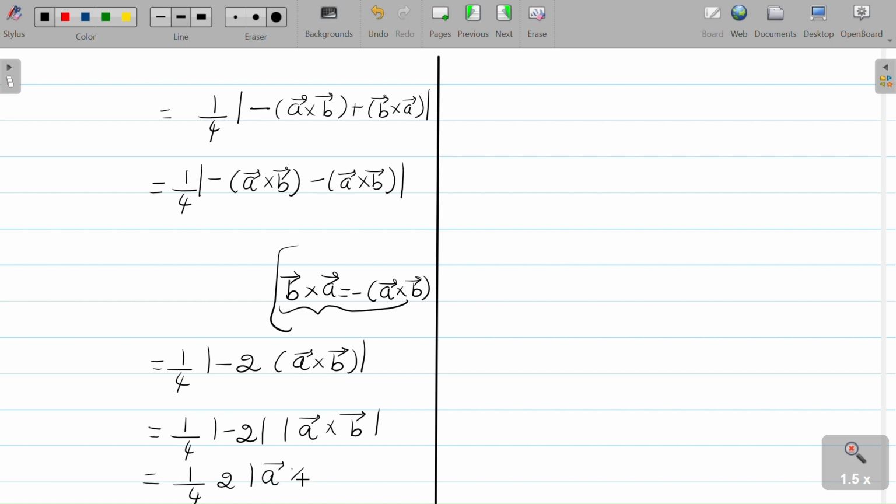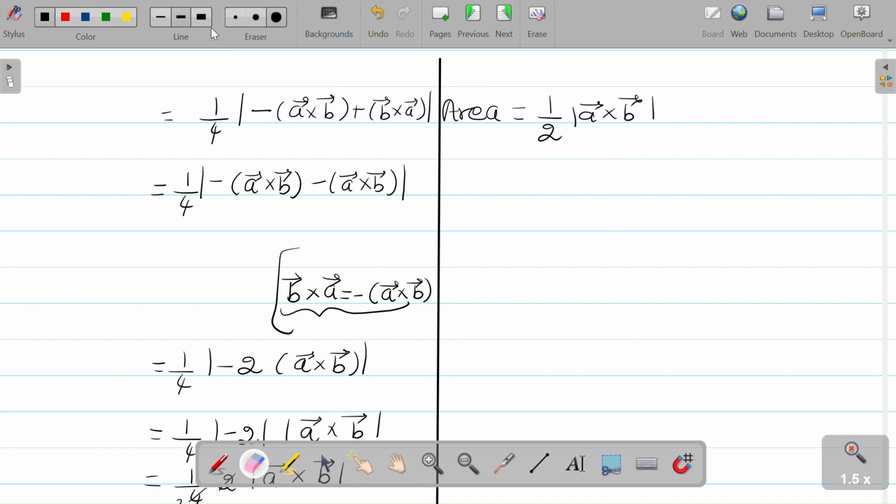If you cancel, 1 2s are 2, 2 2s are 4, so that I have 1 by 2 into modulus of A vector cross B vector, which gives the area in the form of diagonals. This is the proof of the first part.